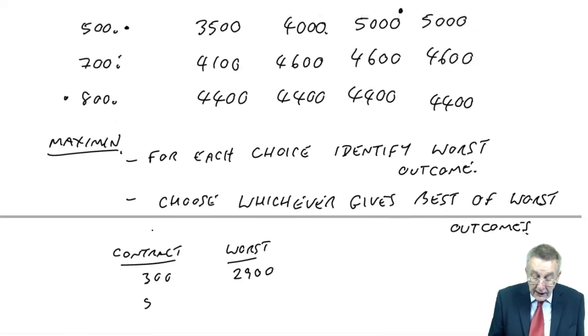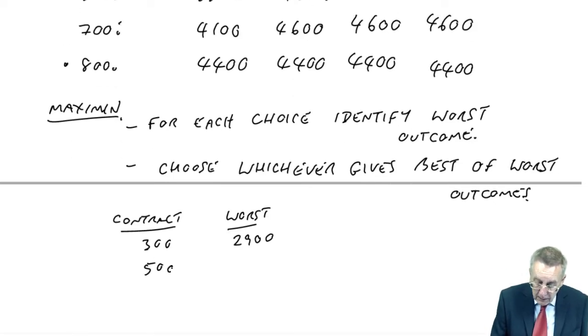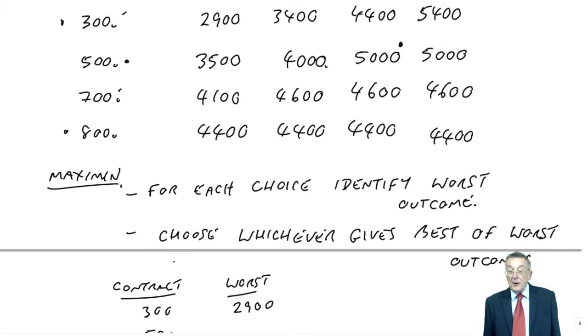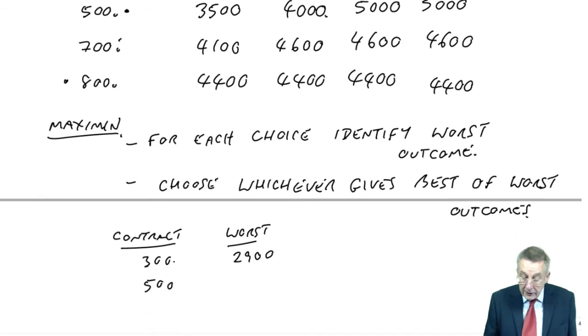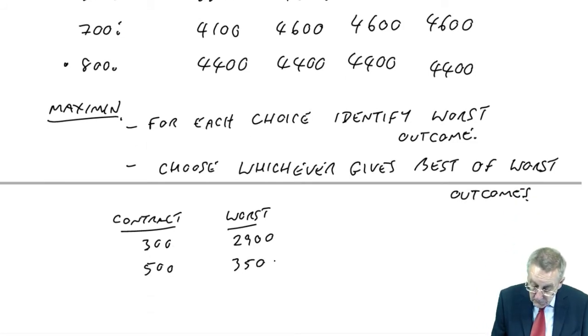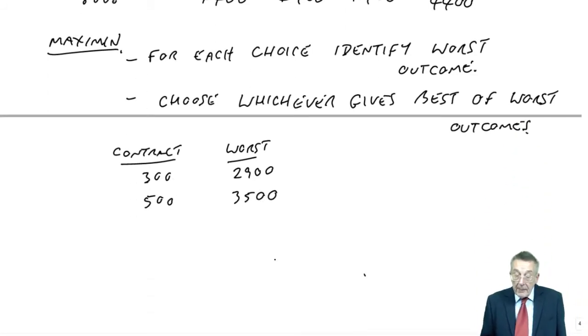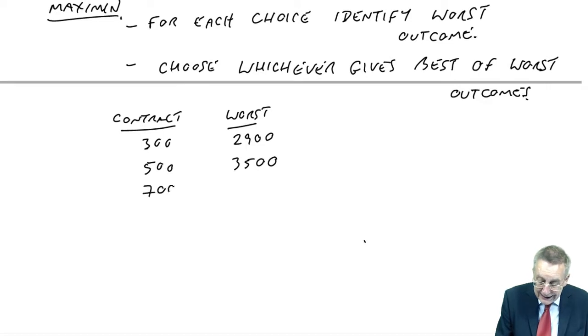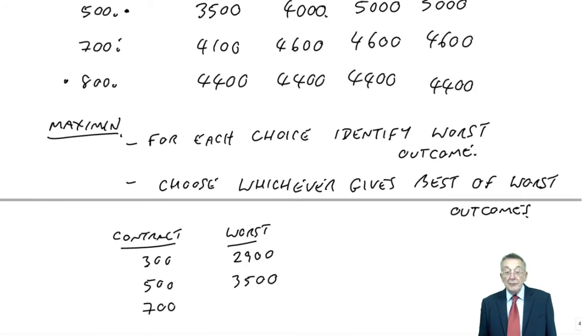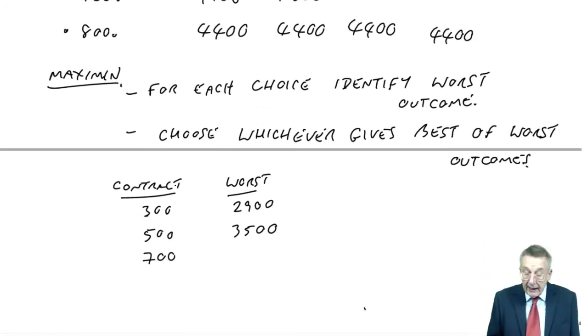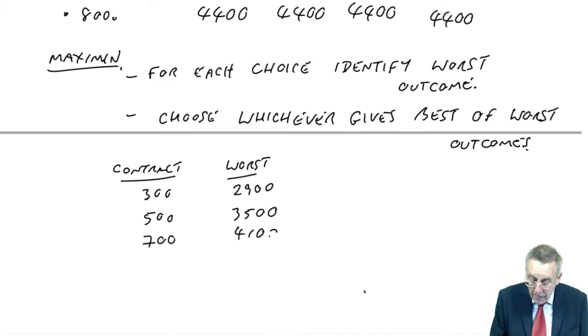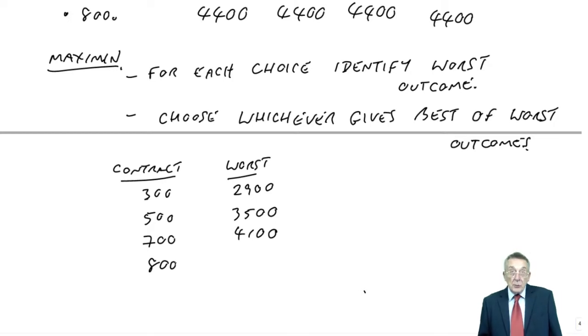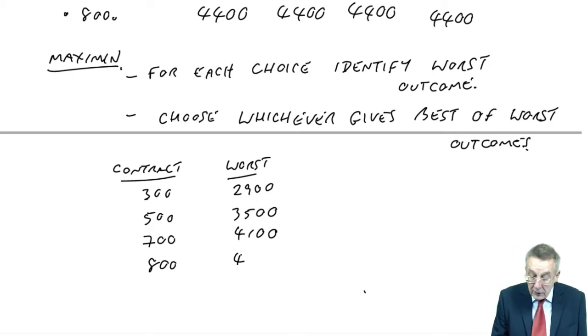What happens if we contract for 500? Well, the worst possible outcome is that we get 3,500. And what about 700? Well, we're either going to get 4,100 or 4,600, so the worst that can happen is we get 4,100. And finally, if we contract for 800, of course, the worst that happens is we get 4,400.